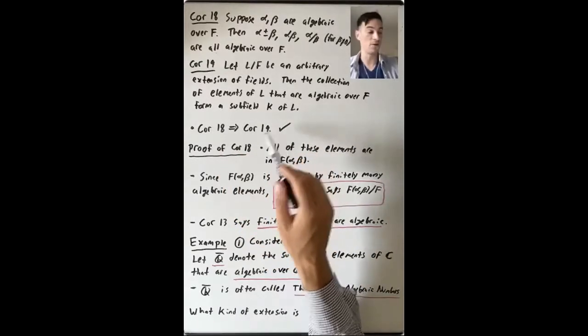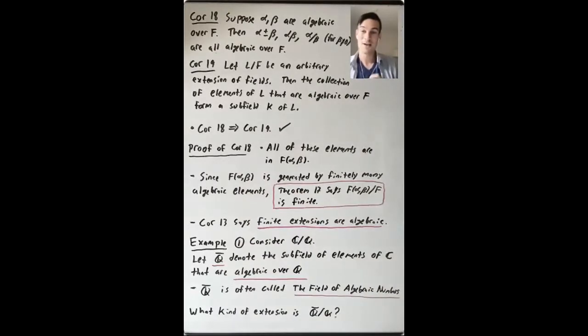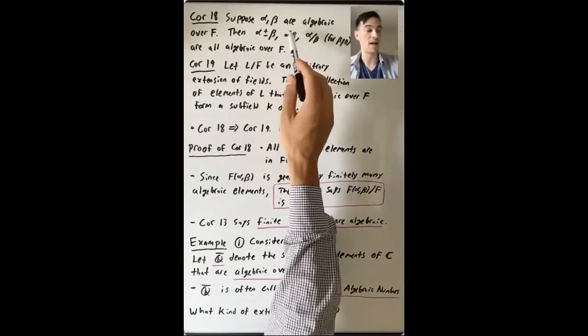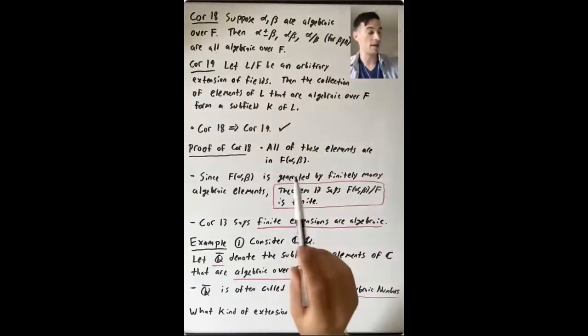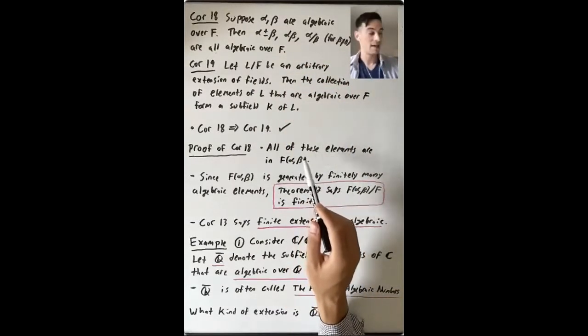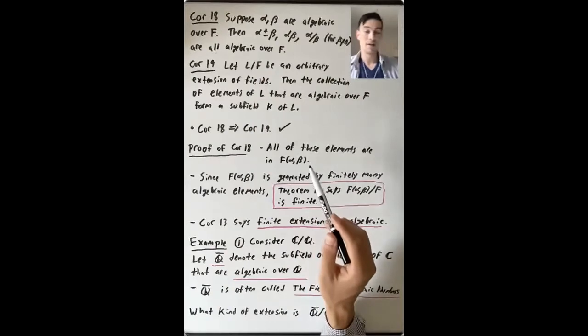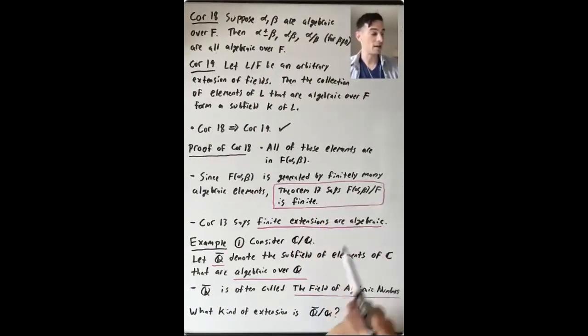So let's prove corollary 18. The idea is that alpha plus or minus beta, alpha times beta, and alpha divided by beta, these are all elements in the field generated by alpha and beta over F. So what do we know about that field?